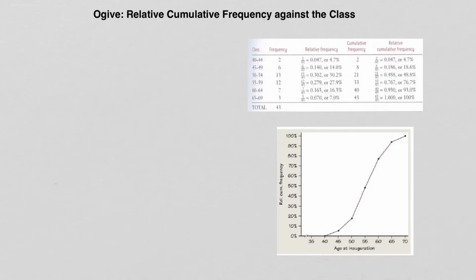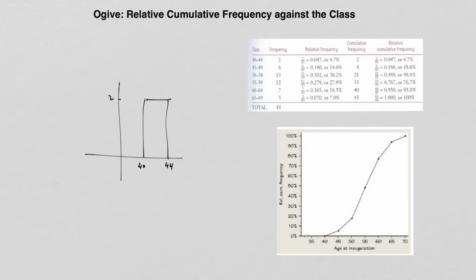So if you do a histogram, for instance, on the x-axis, you're going to have the class, right? And you're going to have 6 buckets. On the bars, let's say this is the first one, okay? So this is, let's say, 40 to 44. And let's say this is 2.